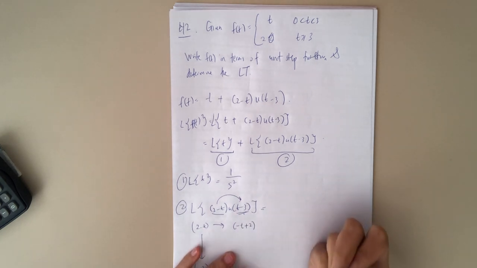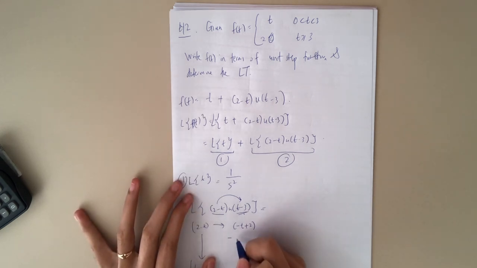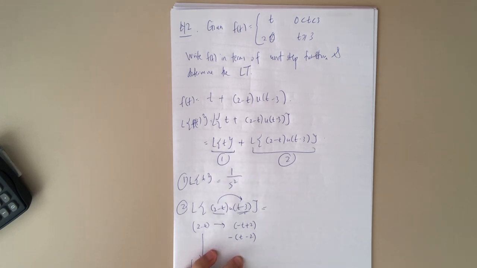Inside here is positive t, so I bring the negative outside the bracket, leaving t minus 2 inside.